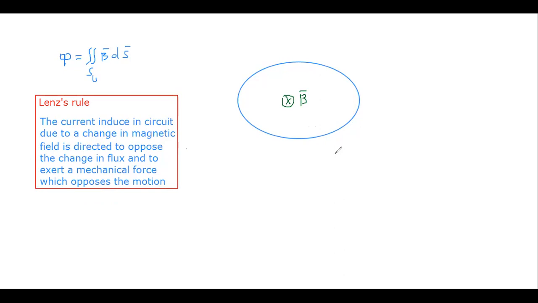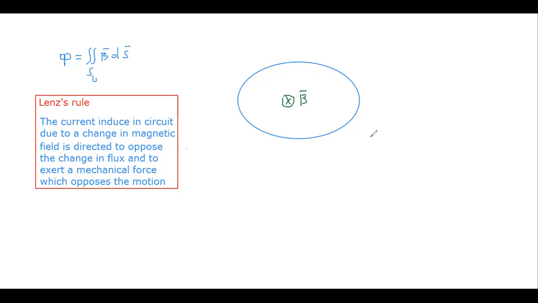So according to the Lenz rule, the direction of electric current will be that which compensates this decreasing. The direction will oppose decreasing in magnetic field.